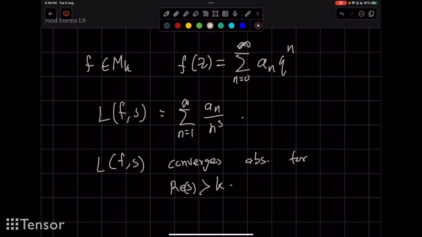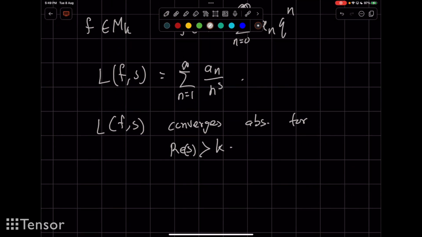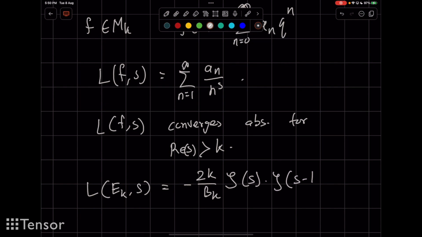Also, we have seen that the L function of the Eisenstein series is the product of two zeta functions. So L of E_k comma s is equal to negative 2k over B_k times zeta of s times zeta of s minus k plus 1.